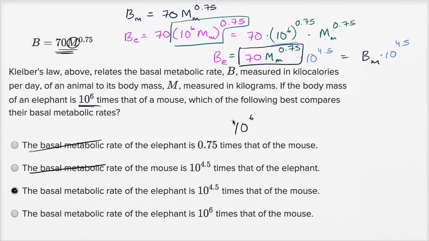And 10 to the sixth to the 0.75 is the same thing as 10 to the sixth times 0.75, which is equal to 10 to the 4.5 power, which we have right over here. So these first two you could probably have knocked out with a little bit of deductive reasoning. And even this last one to some degree, because if I increase this by a certain factor, because I'm raising it to an exponent, the basal metabolic rate won't increase directly by that same factor. But either way, we were able to figure it out exactly as well.